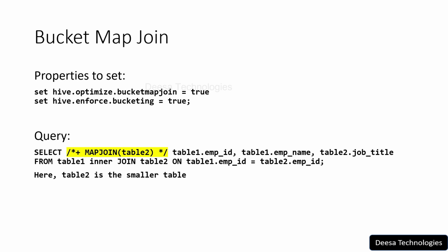And if both these tables are bucketed on the same ID, and if their bucket counts are in multiples of each other, then the map join that happens is called a bucket map join. That's the only difference, guys. There's no difference in how we write the queries, but the preconditions, the bucketing and other things that I mentioned, need to be satisfied for it to be called a bucket map join, right?